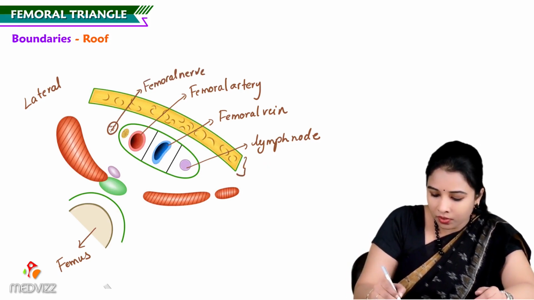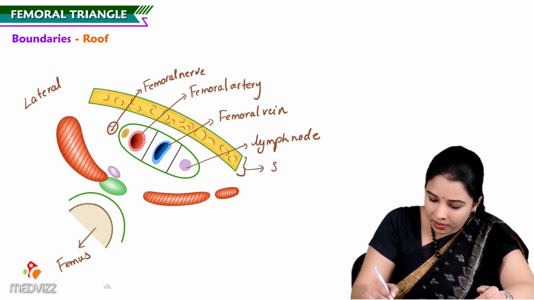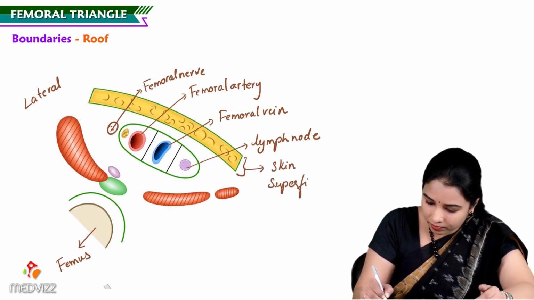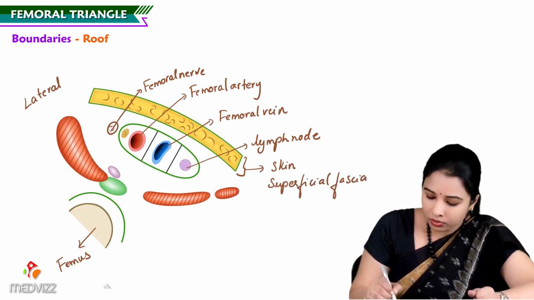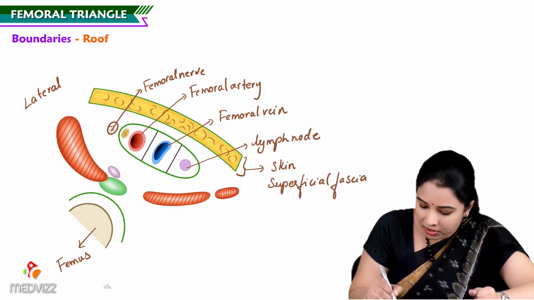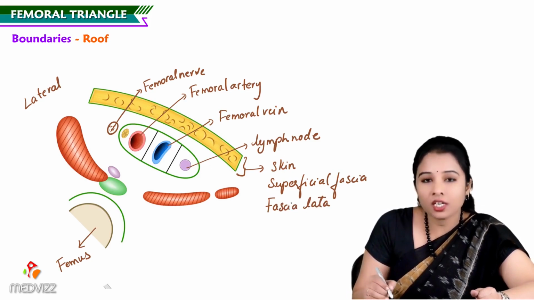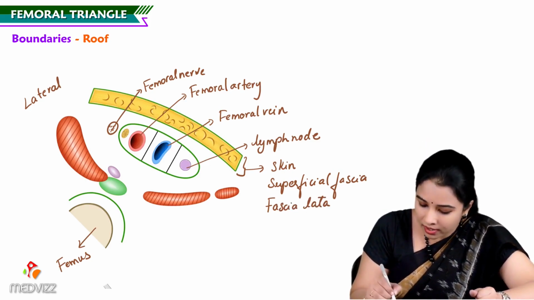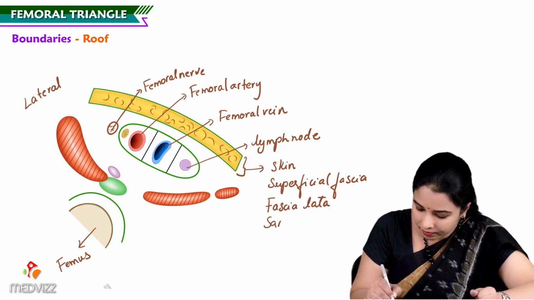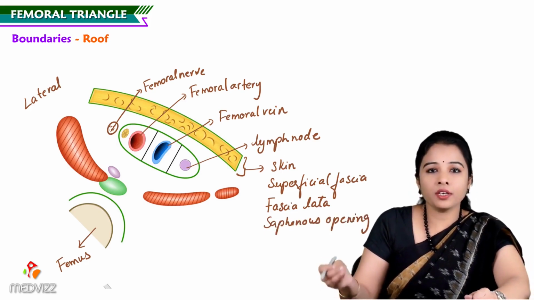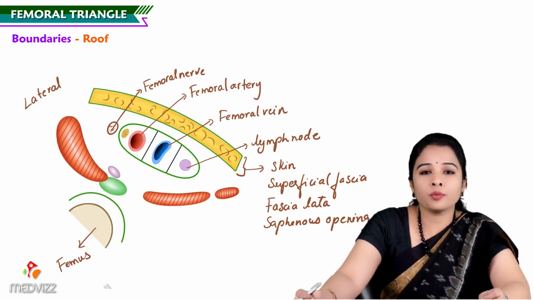This is the roof. So the roof is formed by the skin, superficial fascia. Deep to the superficial fascia is the deep fascia. In the thigh we call it fascia lata, and fascia lata contains an opening called the saphenous opening, where the great saphenous vein opens into the femoral vein.